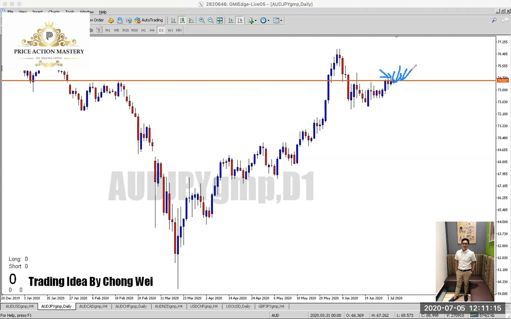But what I have seen is the market has formed a setup to go up. So what I will be expecting is the market will break higher and then go further higher. At least the first level the market is going to touch is this level.